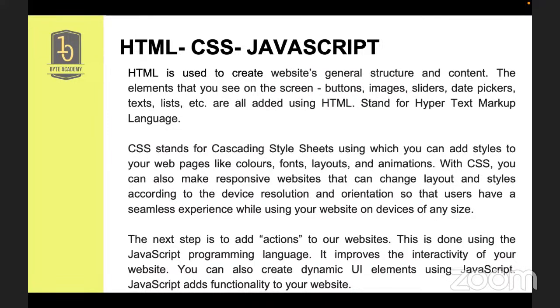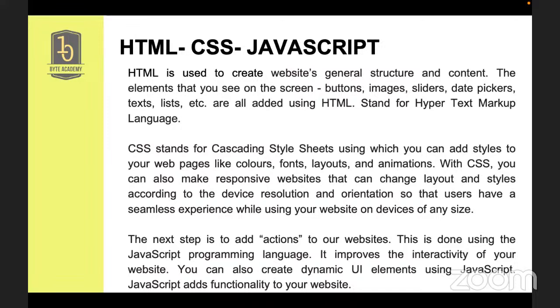What that means is when you're seeing your website on a laptop, everything will be fine. But when you're seeing it on a tablet or on a mobile phone, it should not look weird, right? So you need to write code in media queries in CSS to manage that, so the user will get a seamless experience.